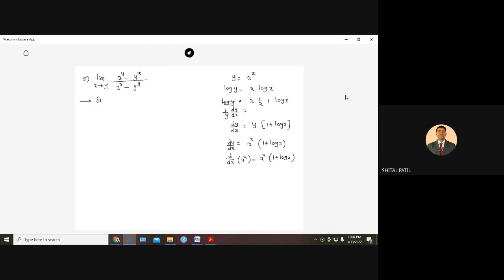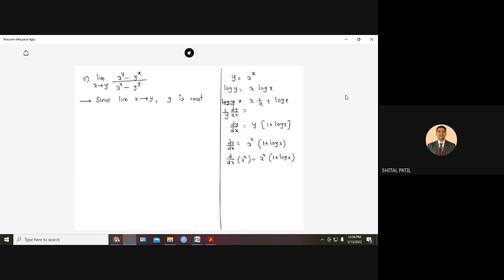Limit x tends to y, what is the role of y here? Y is a constant. Y is not a variable. Understand this. Y is a constant. Why?